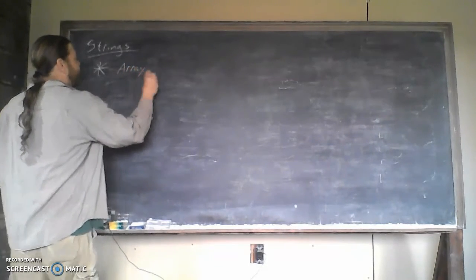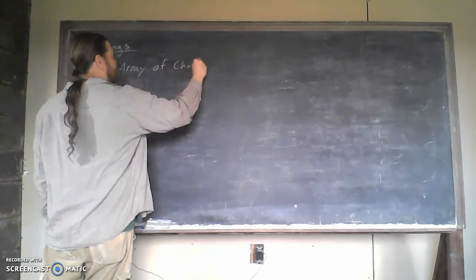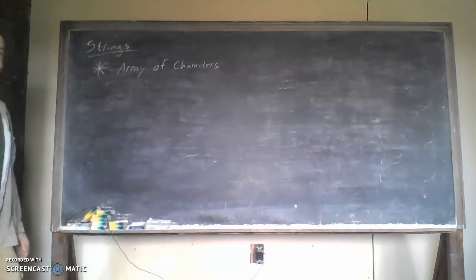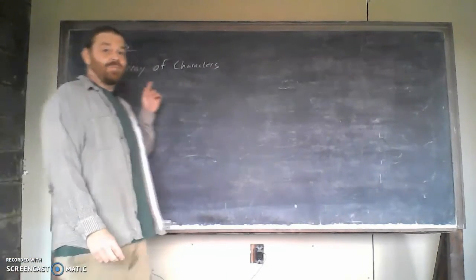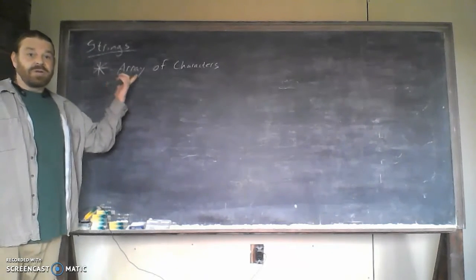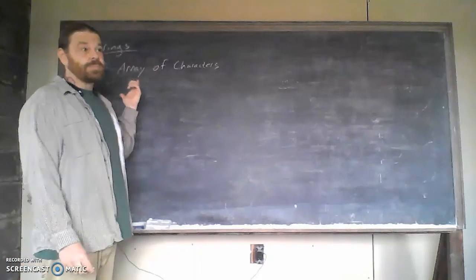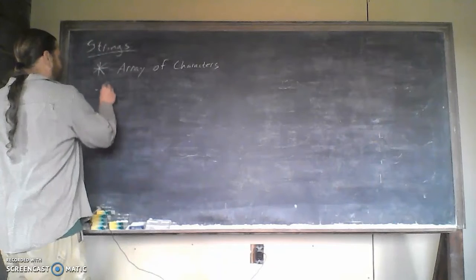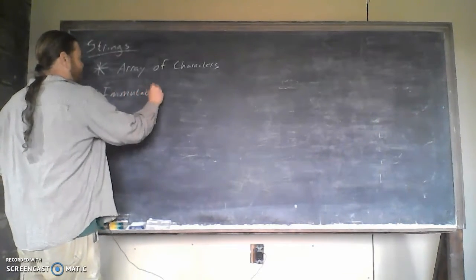A string is an array of characters. Very technical definition with the stuff we looked at in the previous video. All the things about lists, well, really, strings are immutable, so I might as well make that note here. Immutable.